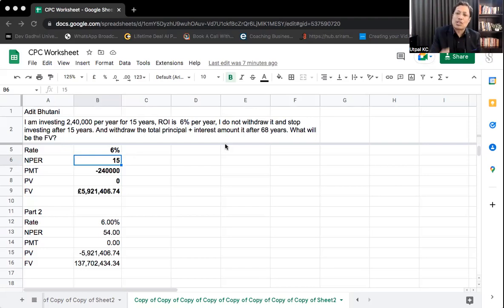If you manage yourself with proper knowledge, you can earn much more. That's the fact. My students can earn better returns than a lot of professional fund managers. This is the fact.